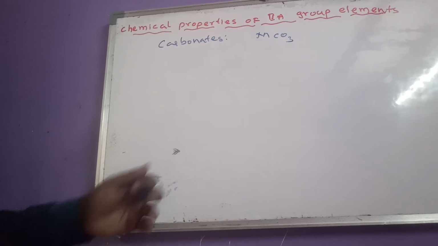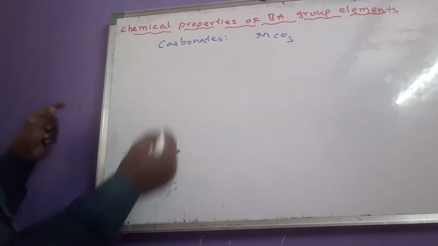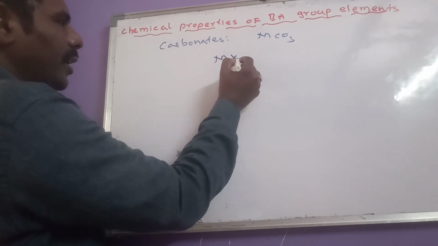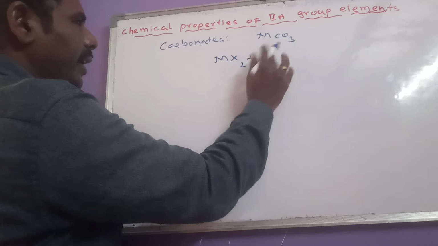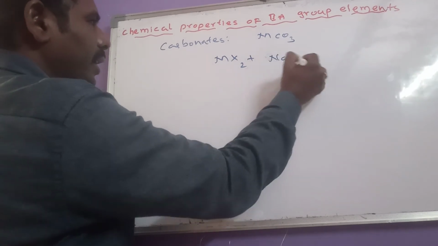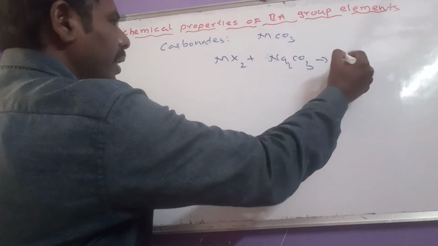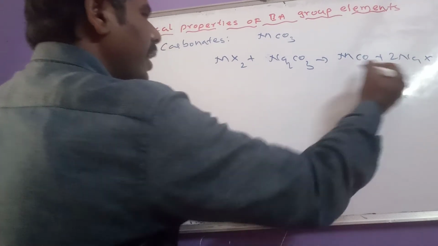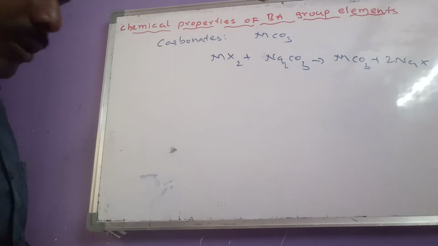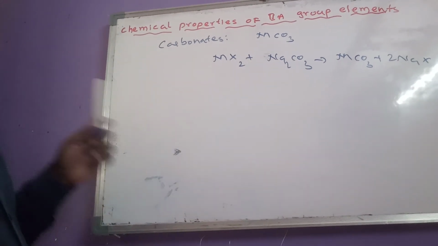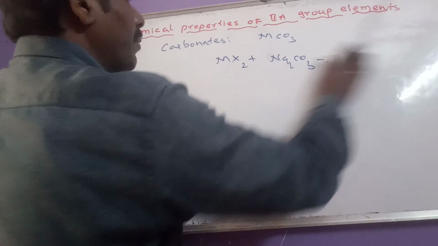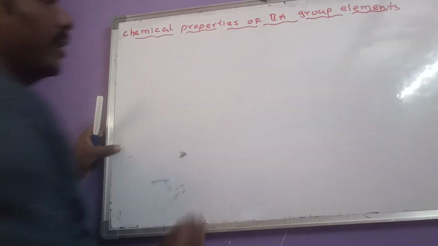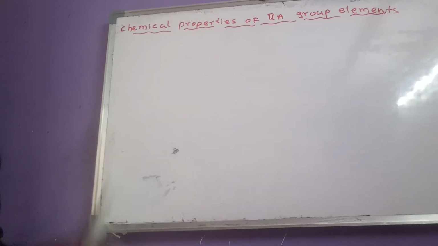And how are these prepared? When any compound of alkaline earth metals is treated with a carbonate like Na2CO3, we get MCO3 plus 2NaX. So carbonates are precipitated by the reaction of sodium carbonate with compounds of the alkaline earth metals.